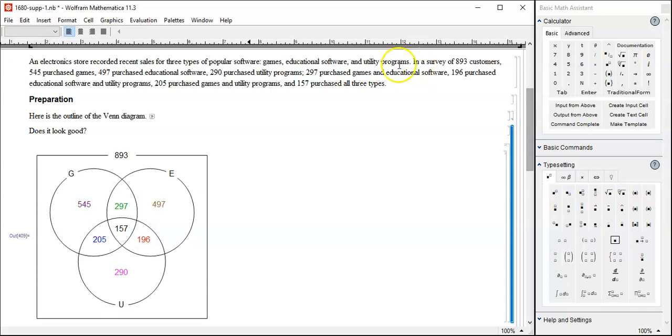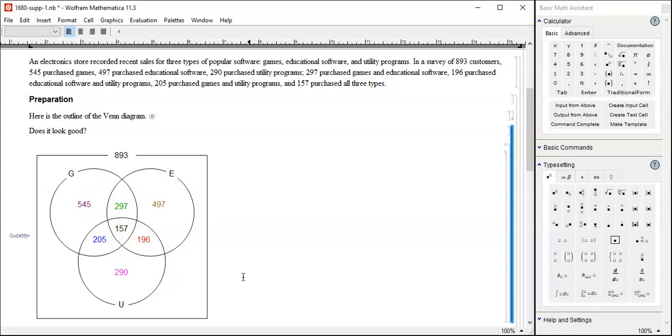Well, let's see. 545 purchased games, 497 purchased educational software, 290 purchased utility, and 297 purchased educational software and games, so it goes in the middle. 196 purchased educational software and utility programs here, and so on. Does it look good?